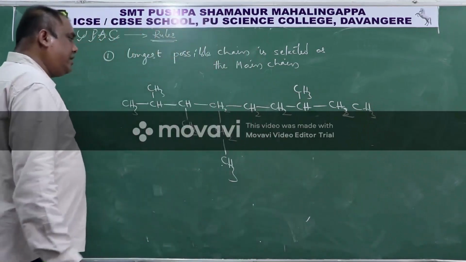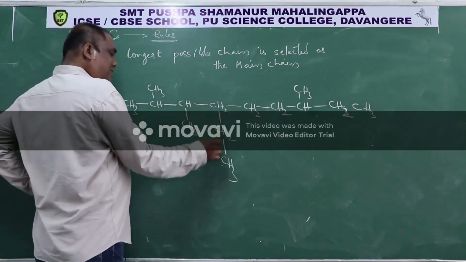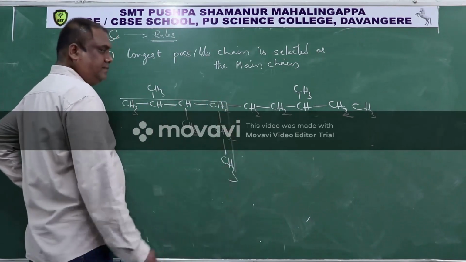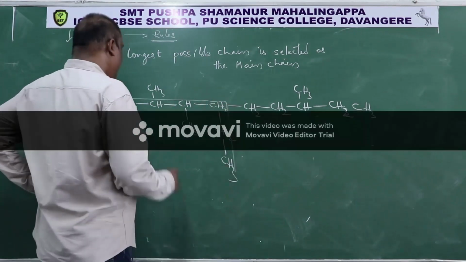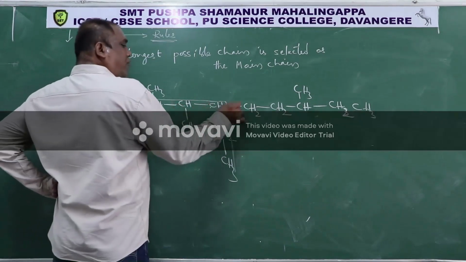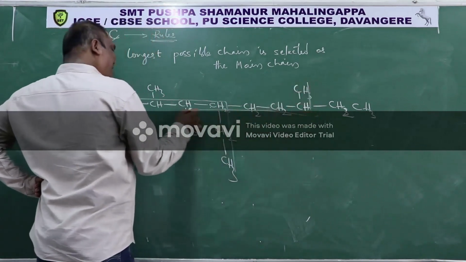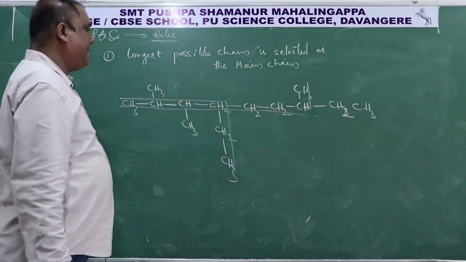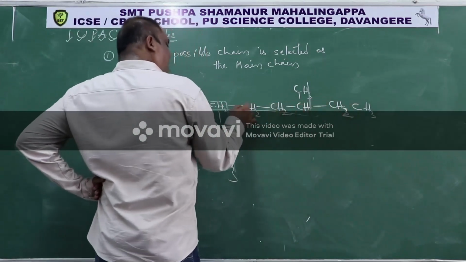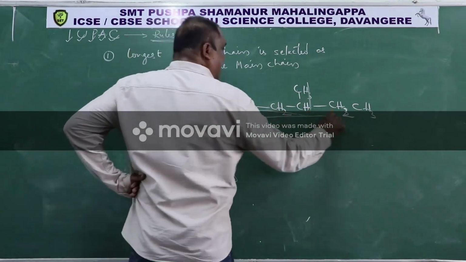Now if you observe here, 1, 2, 3, 4, 5, 6, this chain has 6 carbons. Then 1, 2, 3, 4, 5, 6, 7, 8, this has 8 carbons. Then 1, 2, 3, 4, 5, 6, 7, 8, this also has 8 carbons.